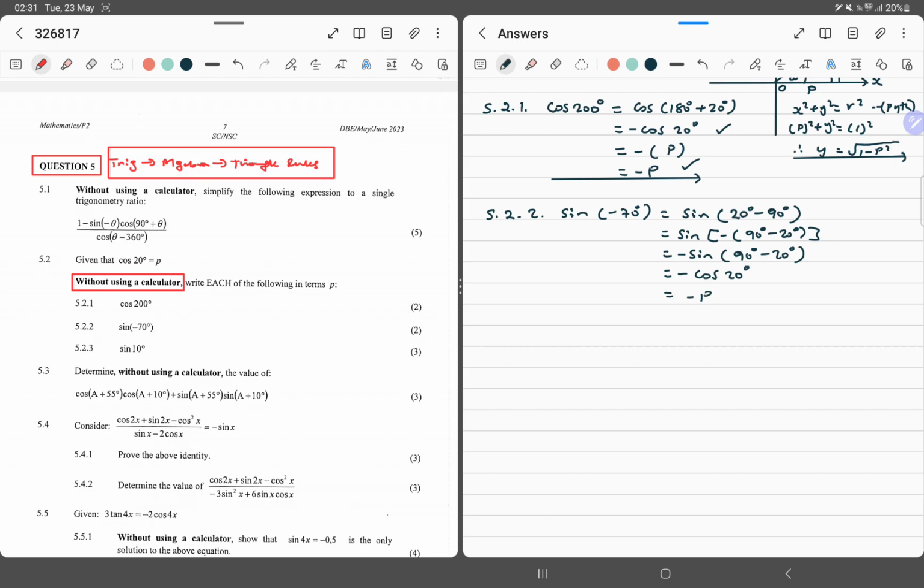What is this thing? Anyway, that is the story right there. So 2 marks, I believe.